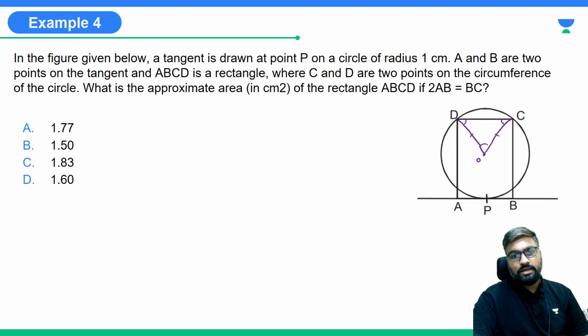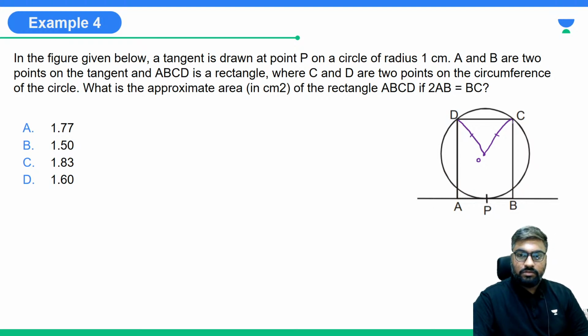This will be 135, doesn't make sense. 45, 45 and 90, this can't be 90. 90 will form a quadrant, right? Okay.